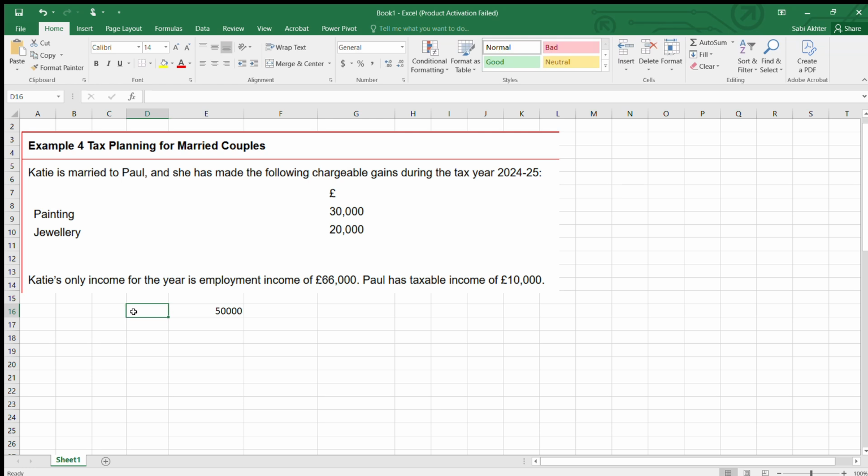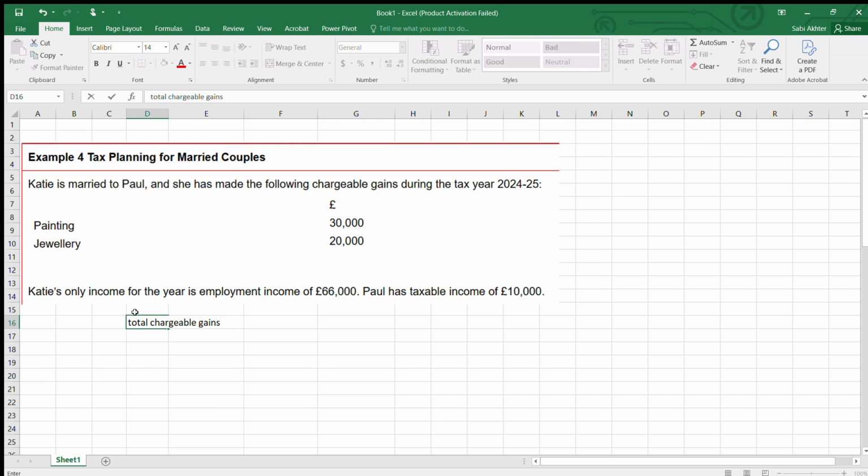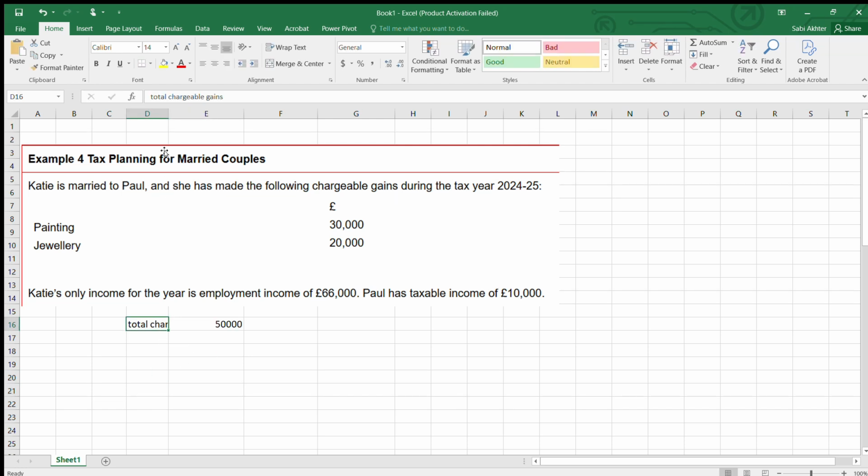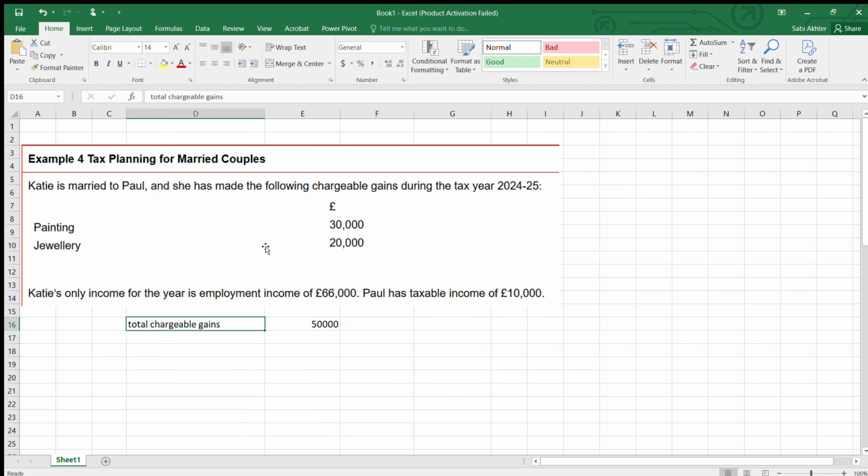How do we calculate the taxable gain in CGT? We calculate the total chargeable gain, 30 and 20 added, which is 50,000. Then deduct 3,000, which is your annual exempt amount, and the sum is 47,000.